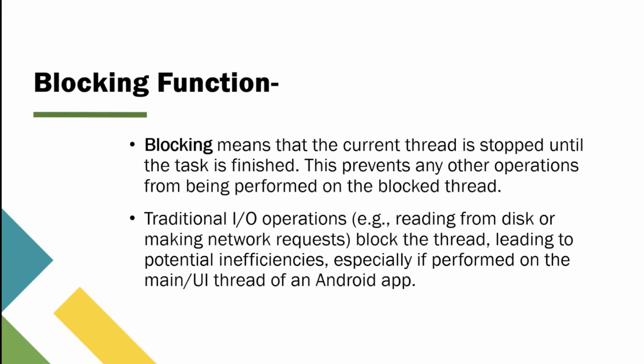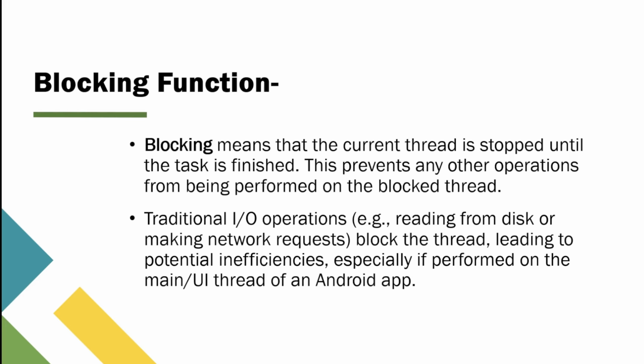Now let's talk about the blocking function. Blocking means that the current thread is stopped until the task is finished. This prevents any other operations from being performed on the blocked thread. Traditional input-output operations, right, like reading from disk or making network requests, block the thread, leading to potential inefficiencies, especially if performed on the main or UI thread of an Android app.